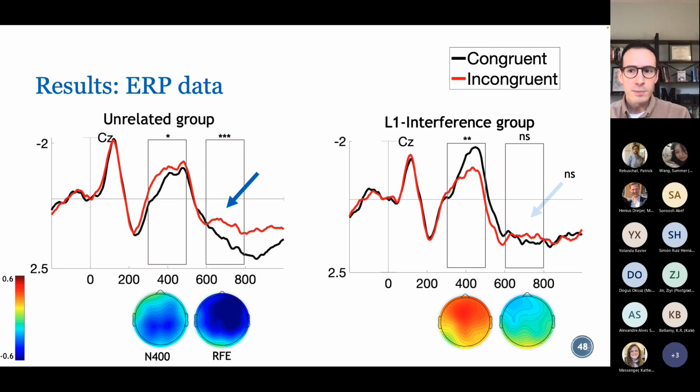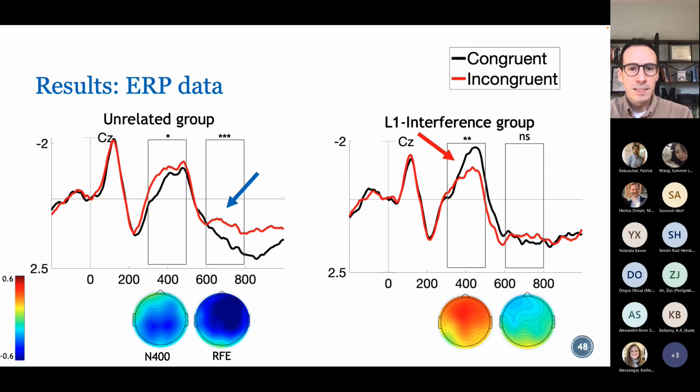And interestingly, this was present in the group with the easy distractor, but not in the L1 interference group. So what this suggests then is that learners may be actually taking two different pathways towards selecting the correct responses.